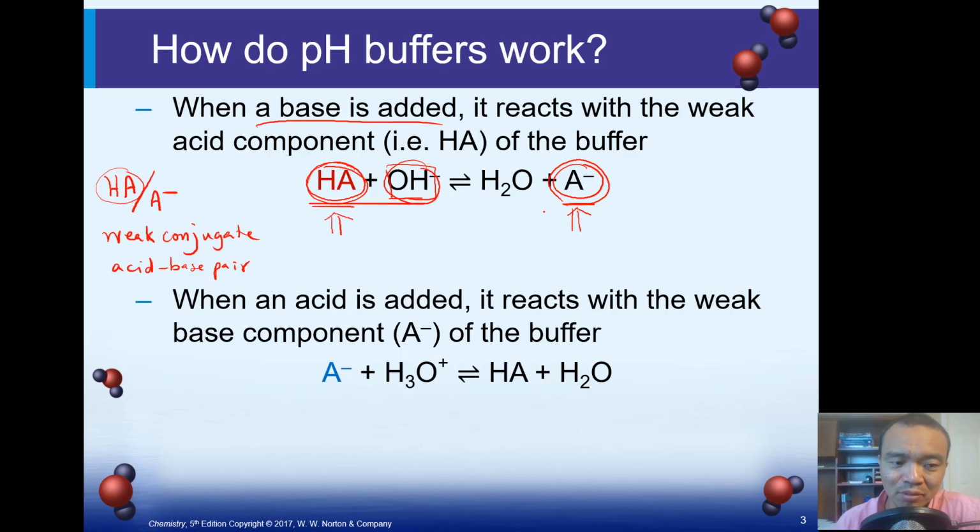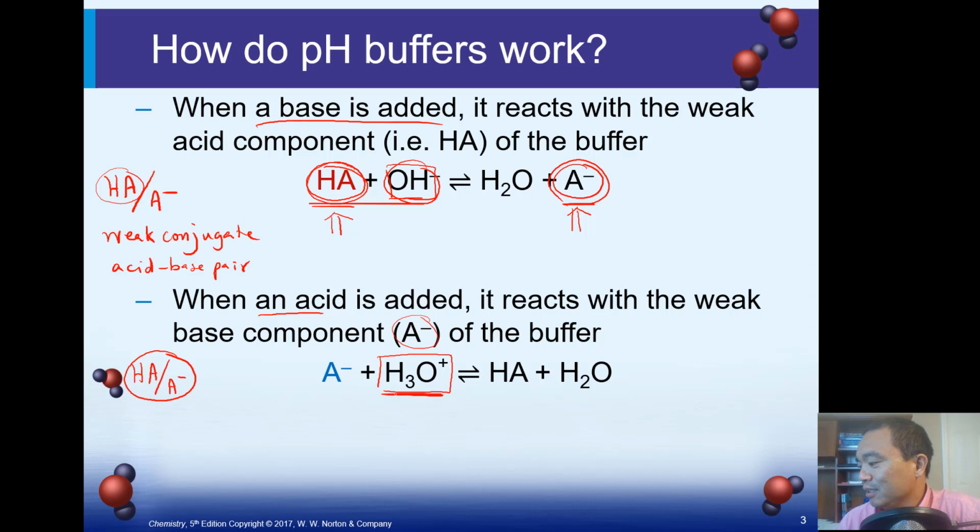generated. Similarly, with an acid, for example, hydronium ion, being added, it will react with the weak base component, or the A- component. Same way, that's the buffer HA and A-, the weak conjugate acid-base pair.